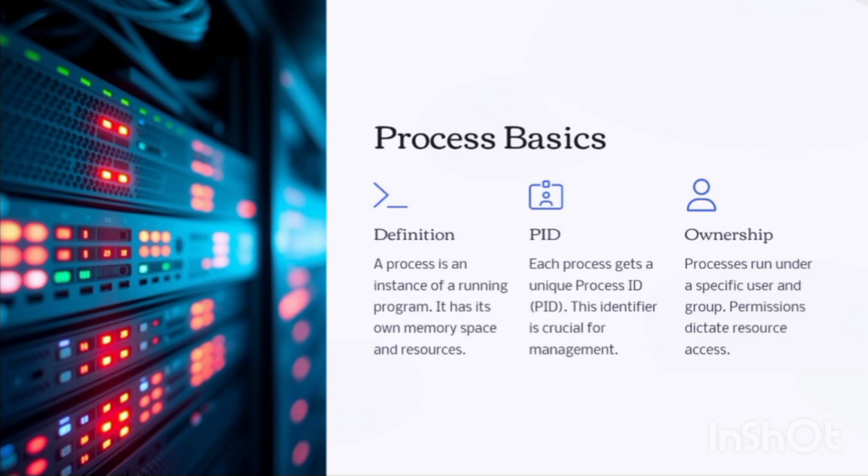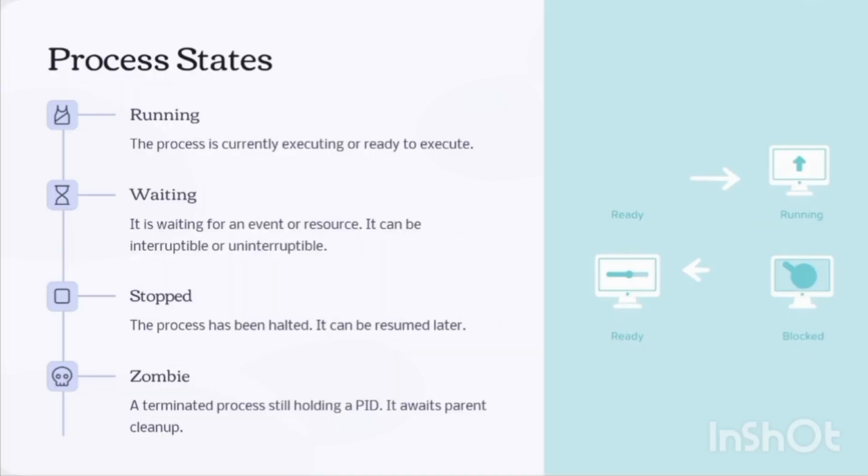Processes aren't static, they move between states. Let's break down the main process states. Running: currently executing or ready to execute. Waiting state: the process is paused until a resource or event is available.